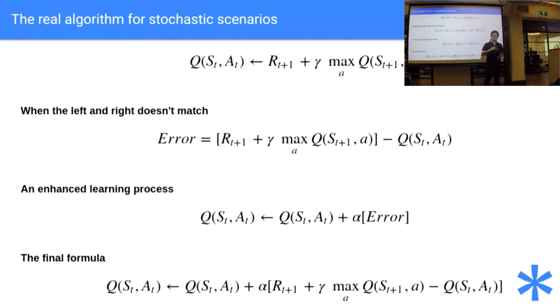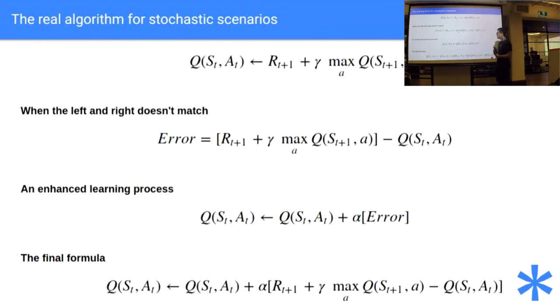And this has a huge assumption in that we always end up in the same state. But when you're in a random scenario, you could end up in multiple states with multiple rewards and multiple action values. So this assumes that whatever we just experienced is the truth, and in reality it's not.